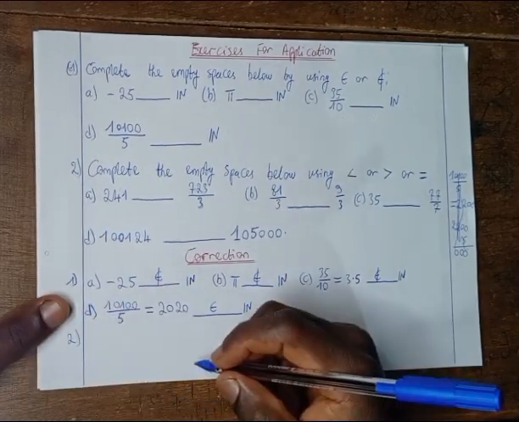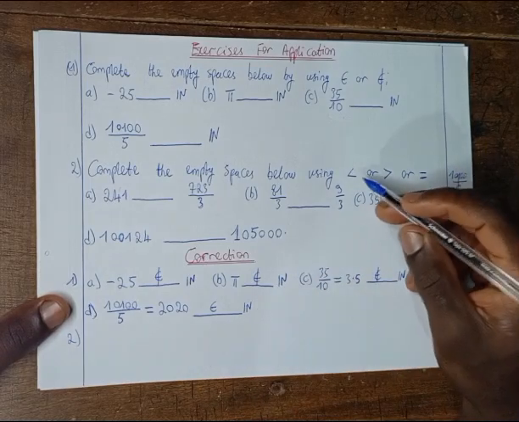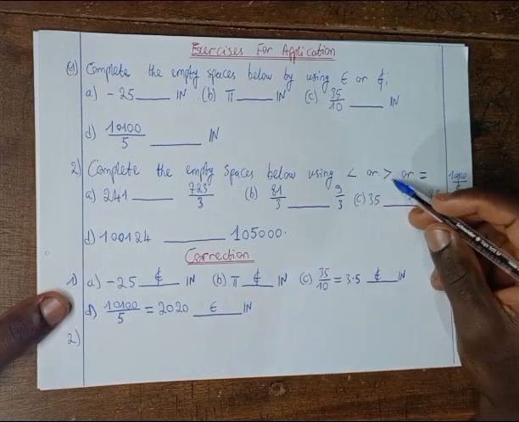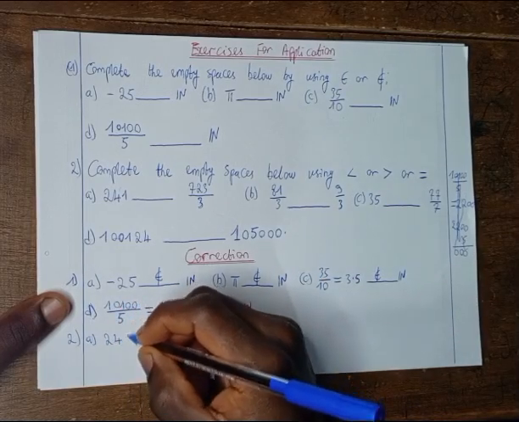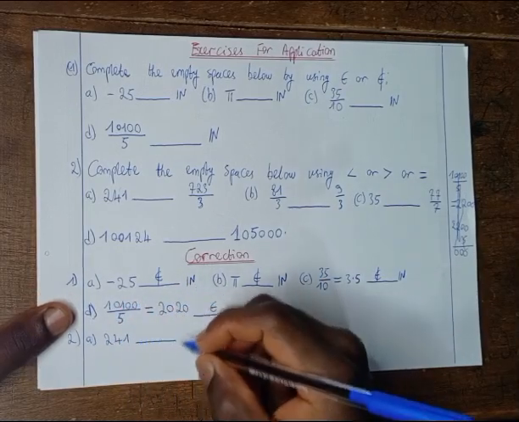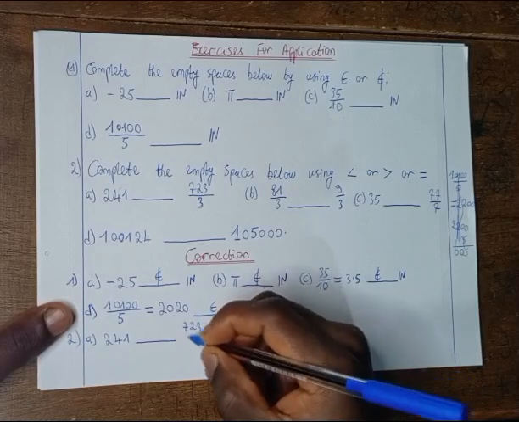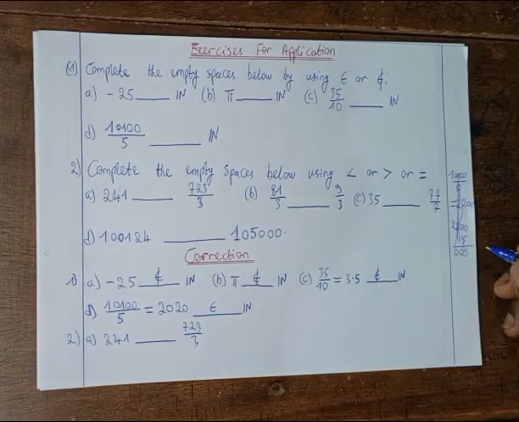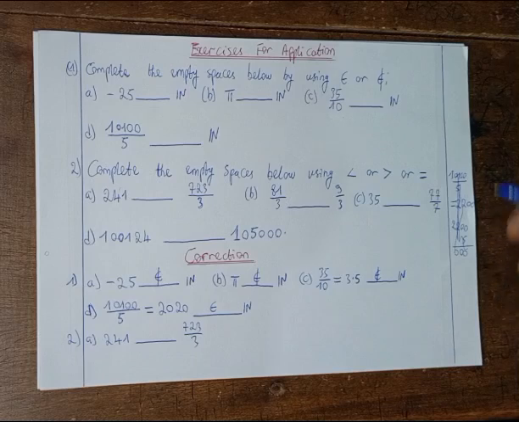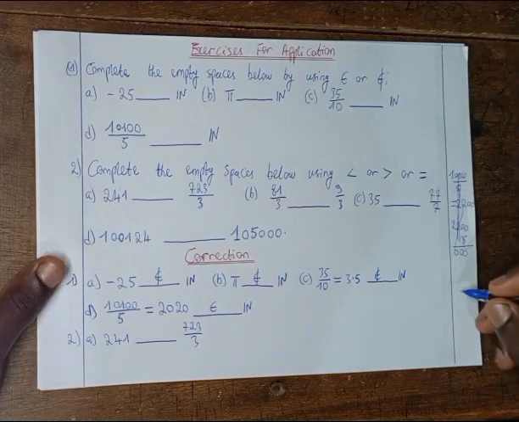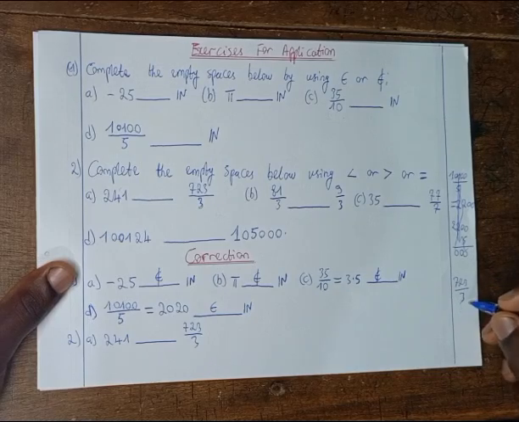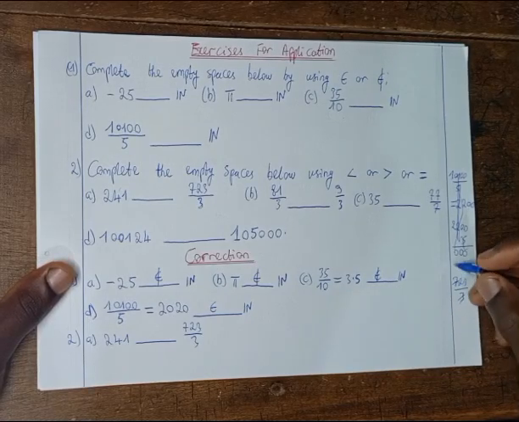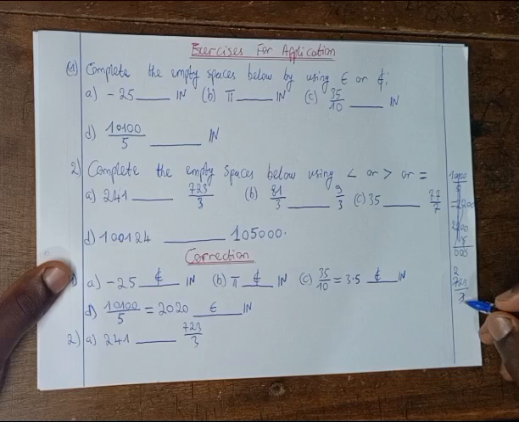Question 2 says complete the empty spaces below using less than or greater than or equal to. Question A, we have 241. We have the empty space 723 over 3. Next, if we are to evaluate 723 over 3, we know 3 will go into 7 2 times, remainder 1.